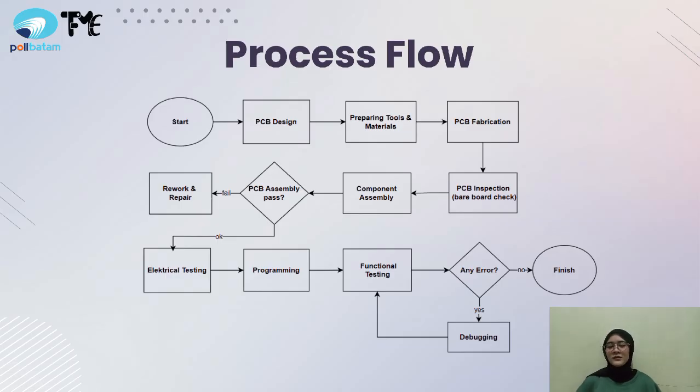Next, we program the STM32 microcontroller using the ST-Link module. After programming, we conduct functional testing to ensure all features work as expected. If any errors are detected, we perform debugging or repeat the functional test until the problem is resolved. Finally, when all tests are successfully passed, the project is complete.